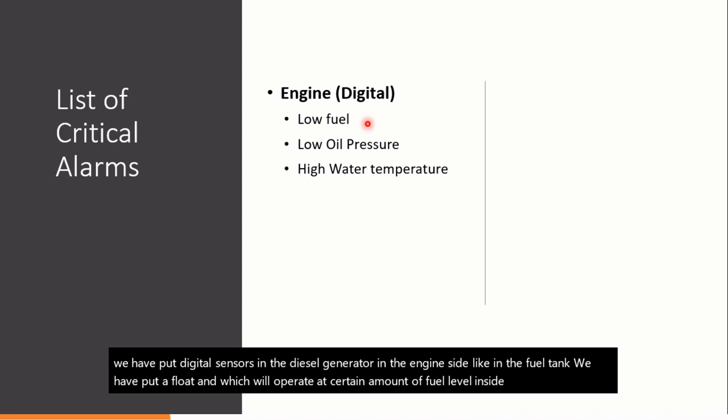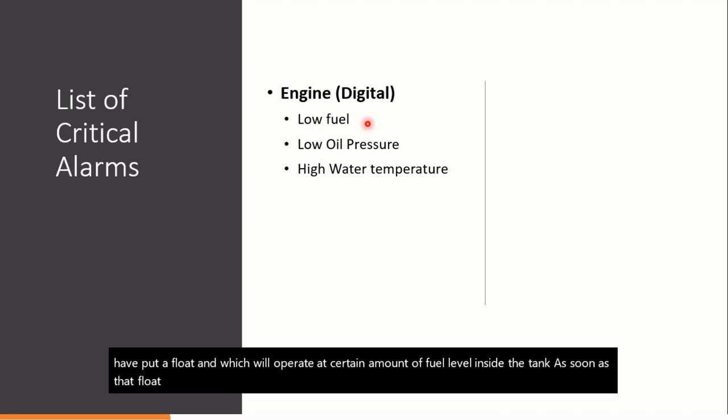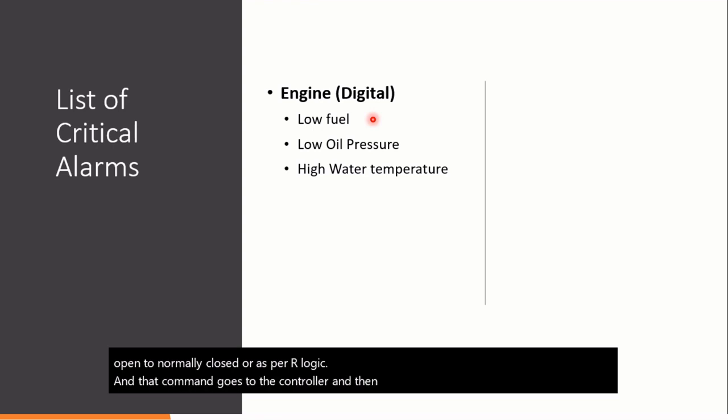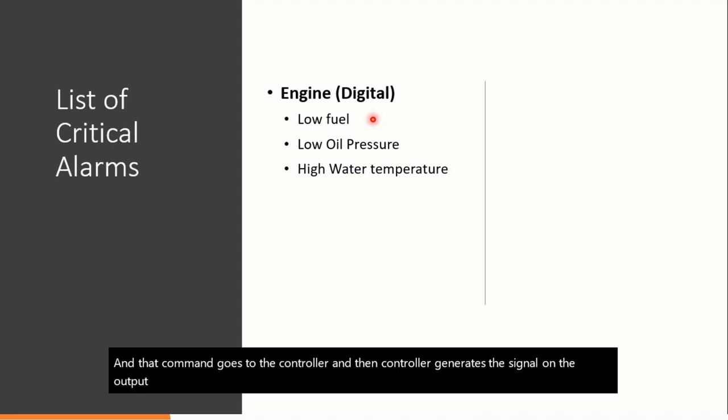As soon as that float operates, there is a switch there, and that switch will give a command from normally open to normally close, or as per our logic, and that command goes to the controller, and then the controller generates a signal on the output relay, and we can extend that up to our central monitoring system. So this is a very important part, like low fuel level, that is coming from the switch.